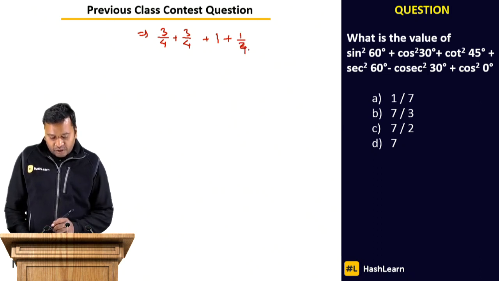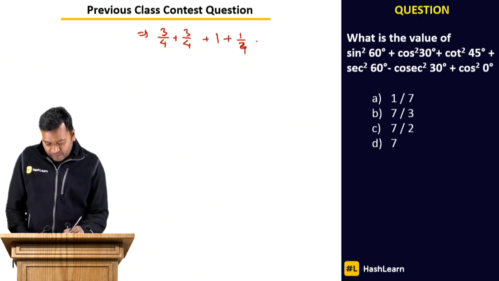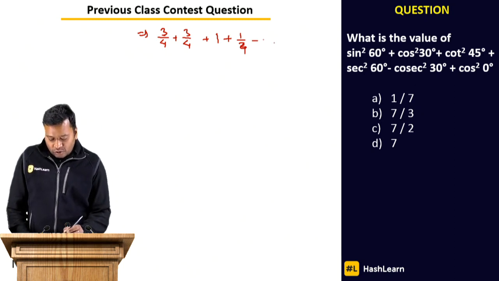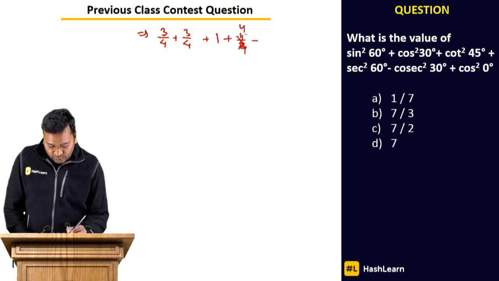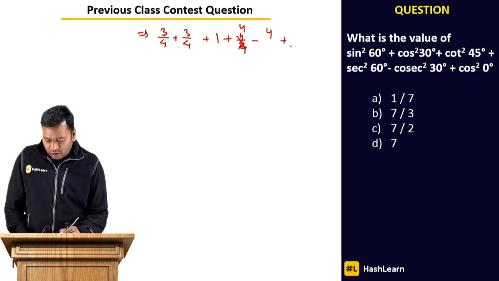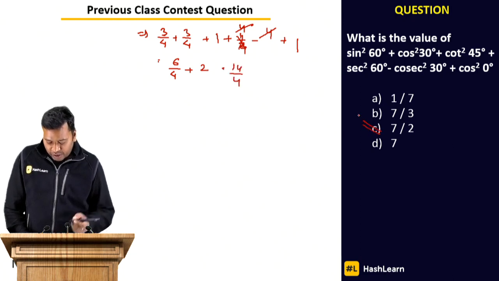So sec square 60 is nothing but 4 here, and cosec square 30 is also 4, and cos 0 is nothing but 1. So this part is cancelled. So it's 6 by 4 plus 2, so 14 by 4, which is nothing but 7 by 2.